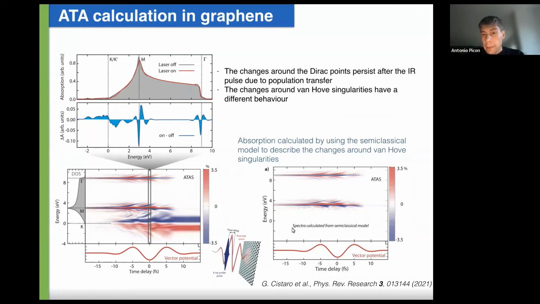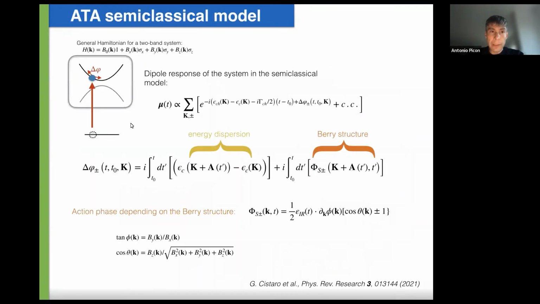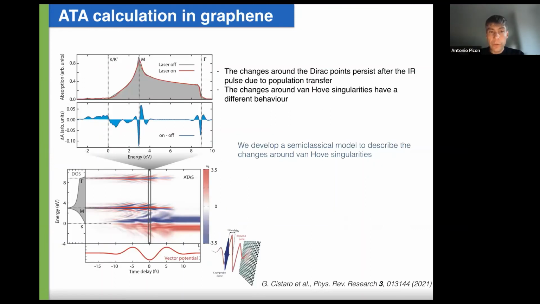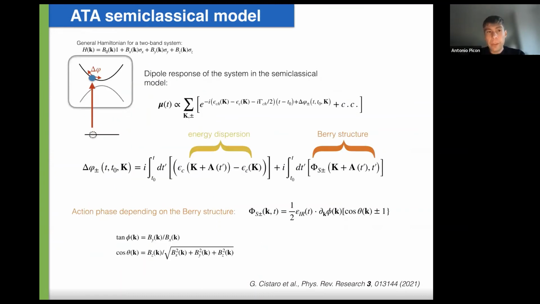The fact that I have removed this part of the spectrum here is because in my model, remember, I didn't take into account the valence band. So I'm not able to understand what is happening around the K point, because this model is just to explain, for example, what happens at the M and gamma points. So these two features here. With this model, we cannot grab what is happening around the Dirac points, where you have promotion of carriers from the valence to the conduction band.